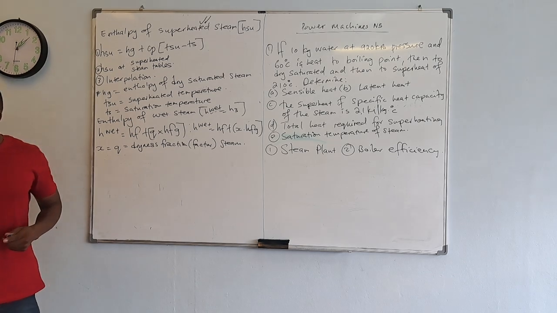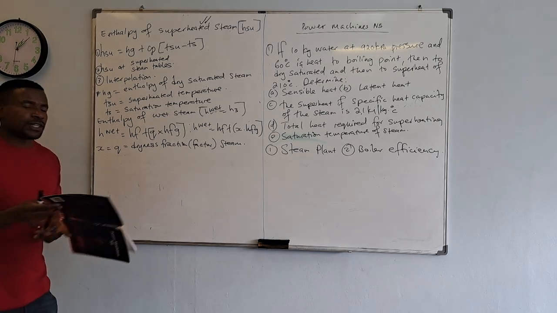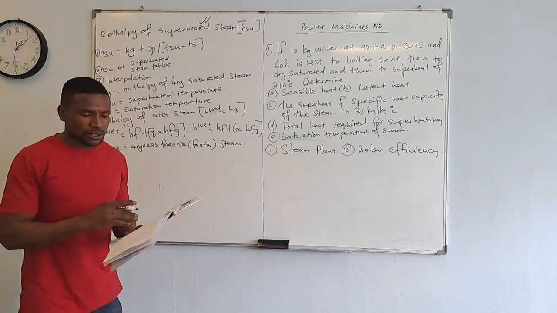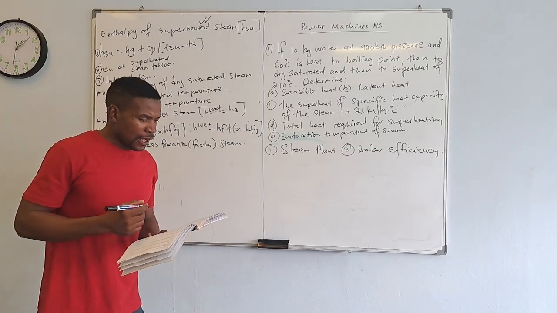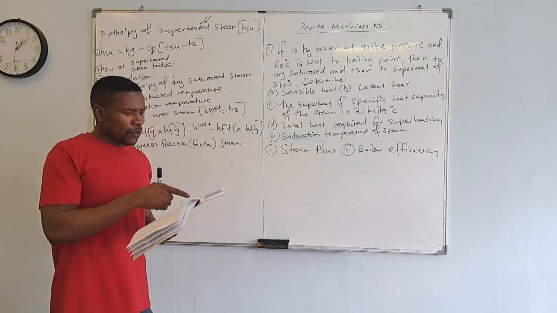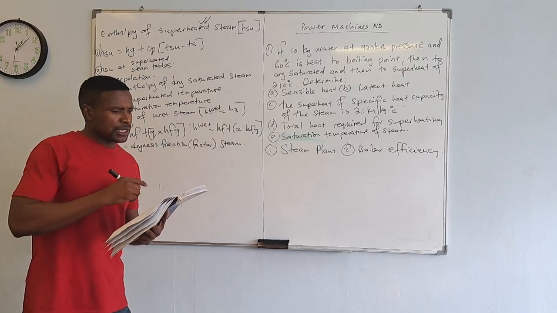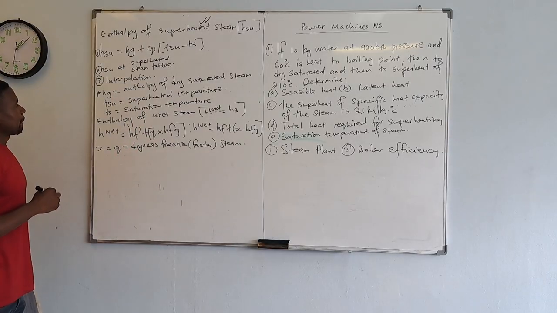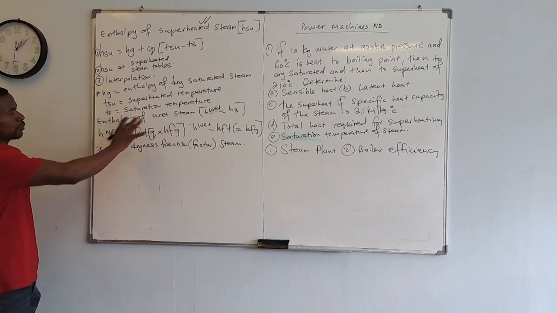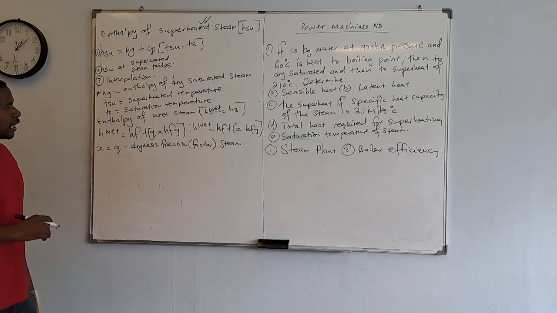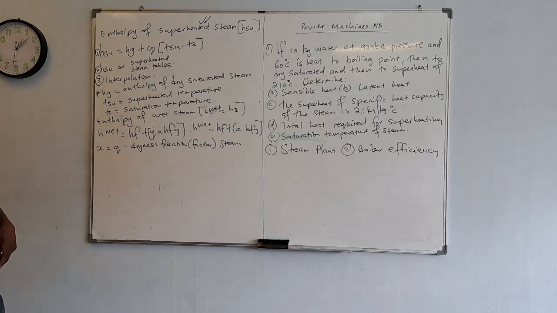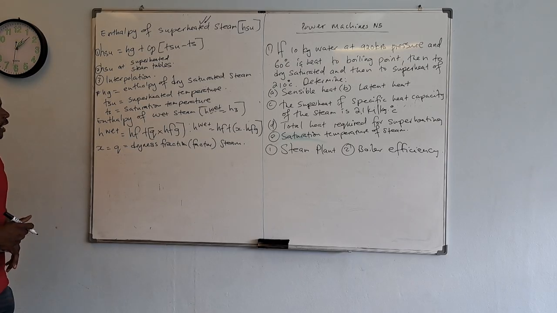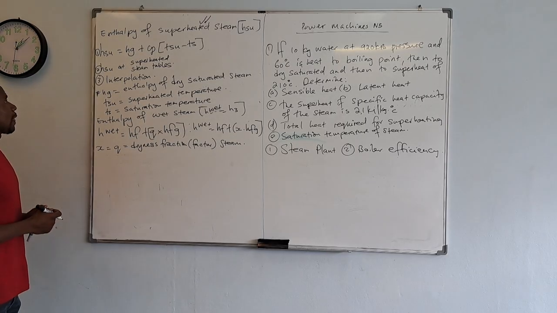Remember, most of these values we get from the superheated or our normal steam table. One thing that we must understand is how to get these values from the steam table. As we go, you will see how we are going to be using our steam table.